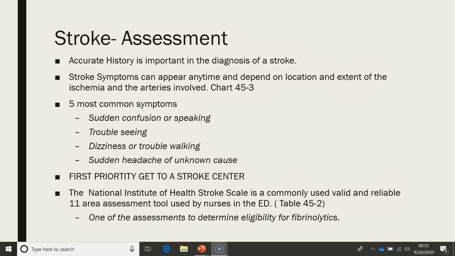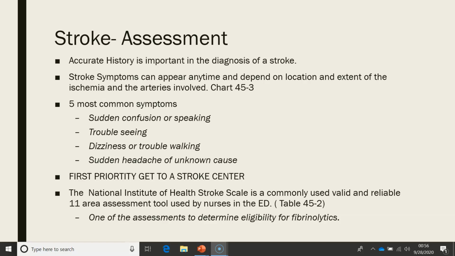They look at sensory. They look at their speech. They look to see if the patient has dysarthria, and at extension and intention, or if they have neglect. I don't expect you to know those either, but I would like you to read through what is looked at in the emergency department by the nurses using this National Institute of Health Stroke Scale.